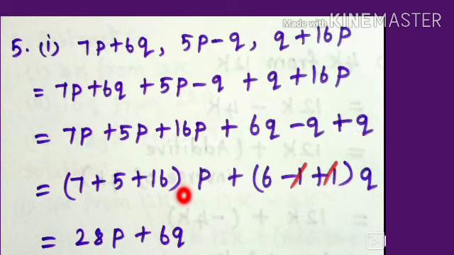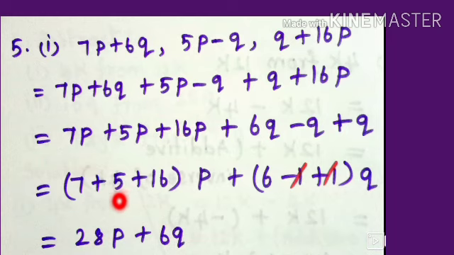Now, in the next step, to add or subtract algebraic terms, we know that we have to add or subtract the coefficients alone. So, here in this like terms addition, what are the coefficients of p? 7, plus 5 and plus 16.